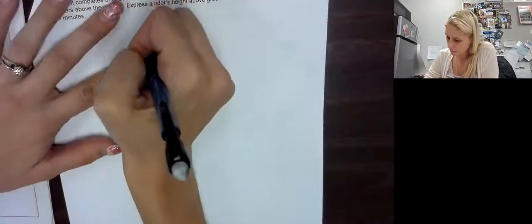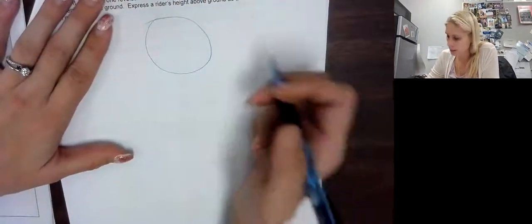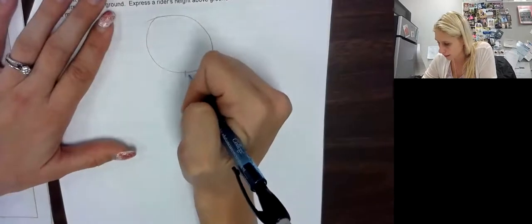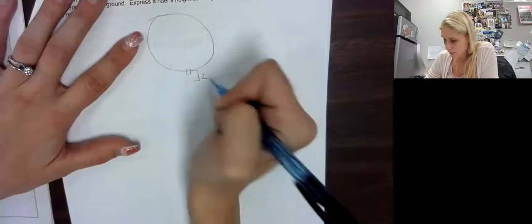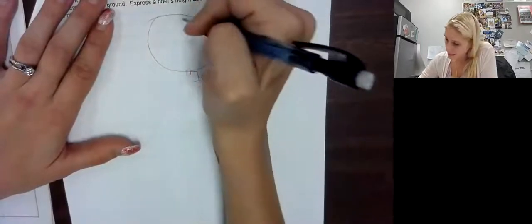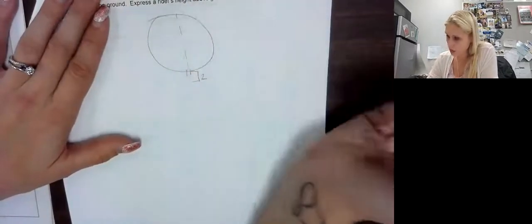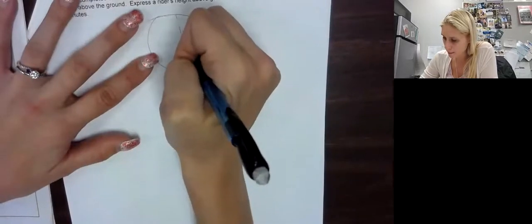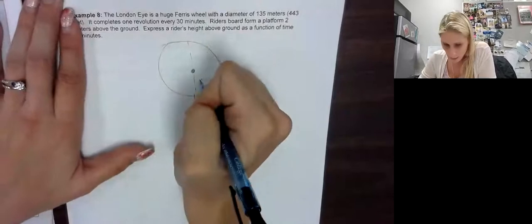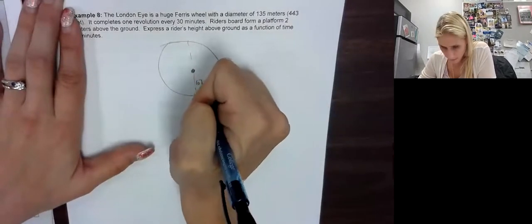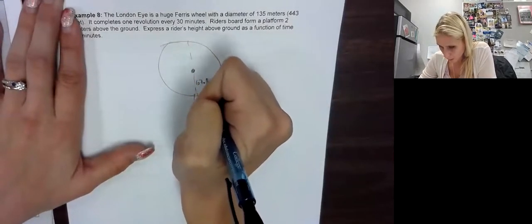Okay, so we have this Ferris wheel. Of course, where does a person get on? A person gets on right here, and this is 2 meters above the ground. Our diameter is 135. So if we're talking about the middle, just like on our other problem, this would be 67.5.